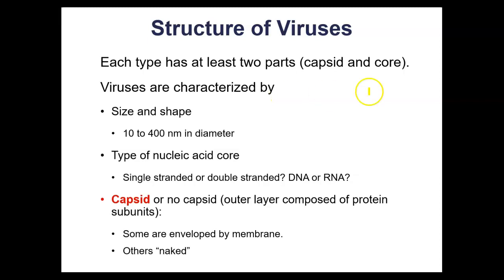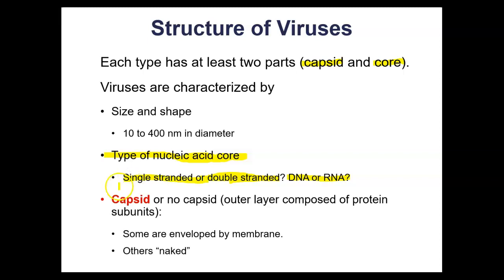Each virus has at least two parts. The capsid is made of protein, and the core is made of nucleic acid, either DNA or RNA. And the nucleic acid core can also not only be DNA or RNA, but the DNA, which we've always learned is only double-stranded, can actually be single-stranded in viruses.